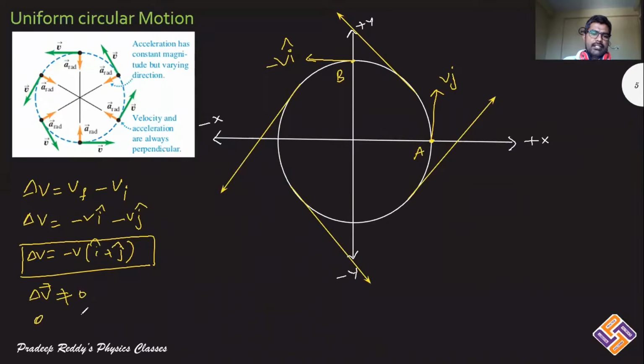As we know, acceleration is equal to delta V divided by delta t. If delta V is non-zero, then acceleration of the particle is also non-zero.